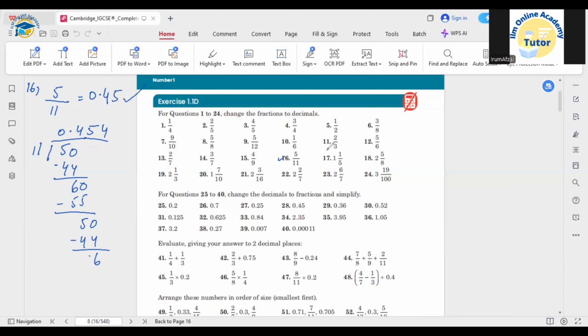Next, from the 17th onward, they gave some mixed fractions. So firstly, we will convert these mixed fractions into improper fractions, and then you can go with changing the fraction into a decimal. One is this method and one is another method as well. We will just use one method over here. So we have 1 into 1 by 5. Firstly, to convert it into an improper fraction, 5 1 times 5 plus 1 would be 6 by 5.